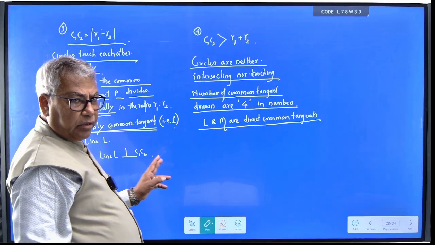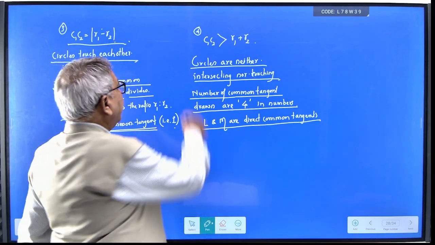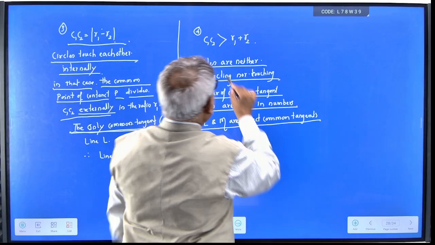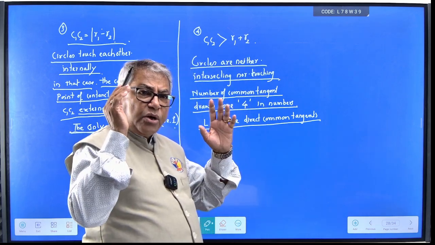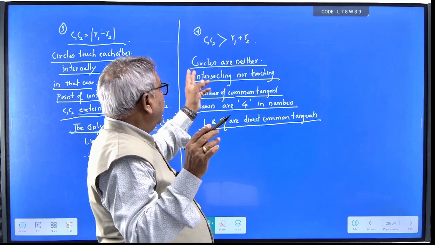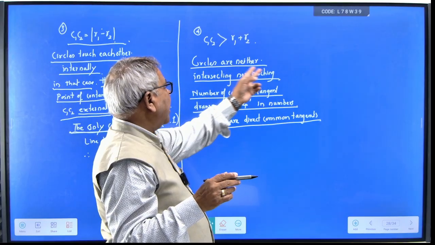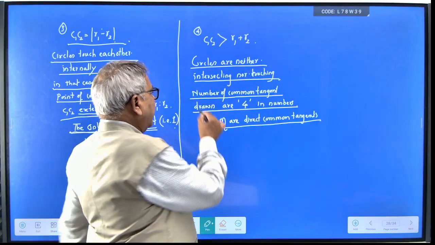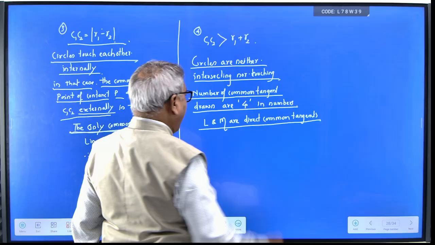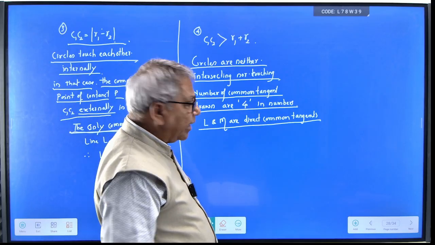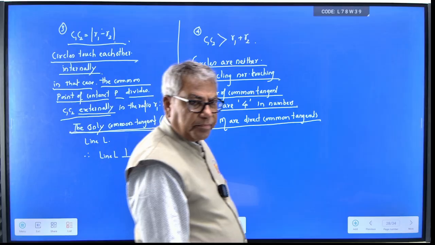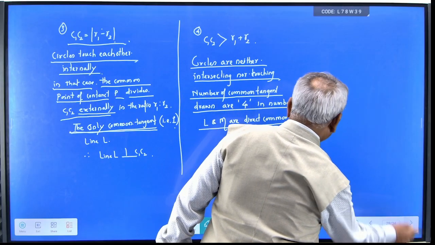For C1C2 greater than R1 plus R2, directly, no other condition, the circles are neither intersecting nor touching, and the number of common tangents drawn is 4, and L and M are direct common tangents. Correct. Next.